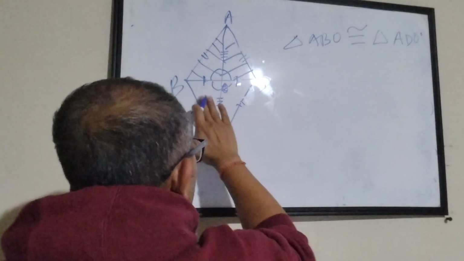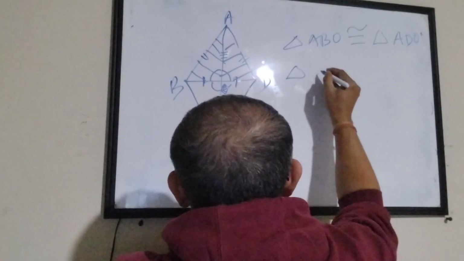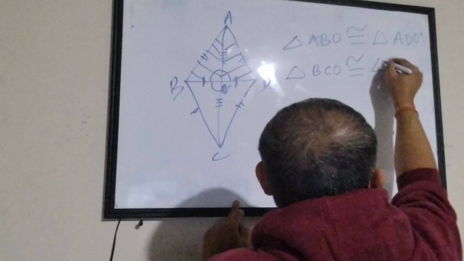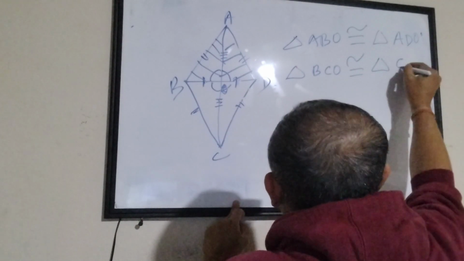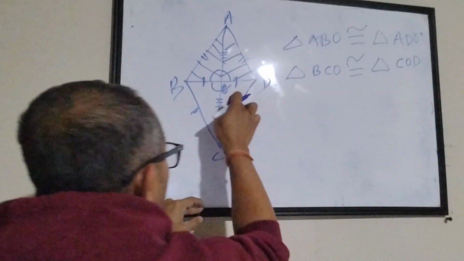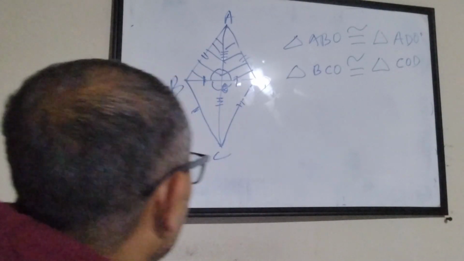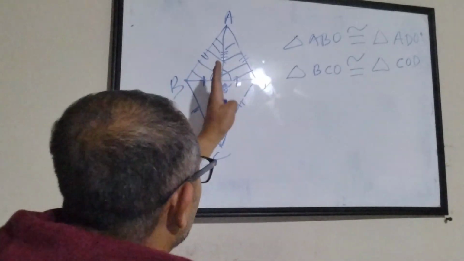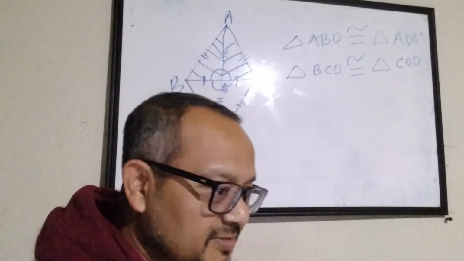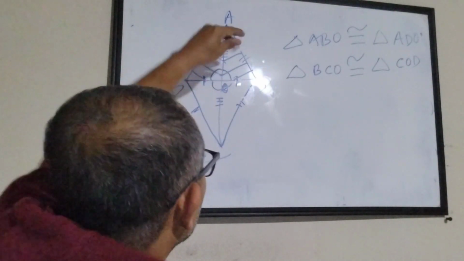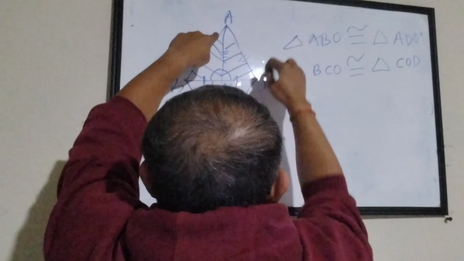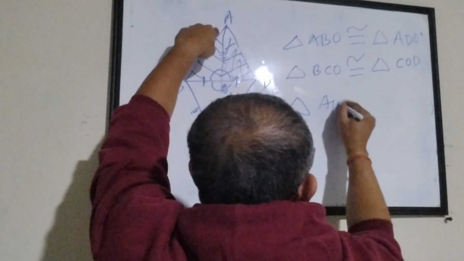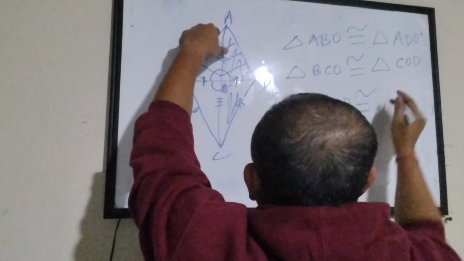Now look at this triangle and this triangle, meaning triangle BCO and triangle COD, the bottom two triangles. They are also congruent. Why? Because the hypotenuse is the same, the length of the sides are the same, and this is common. RHS. Now look at triangle AOD and triangle COD.